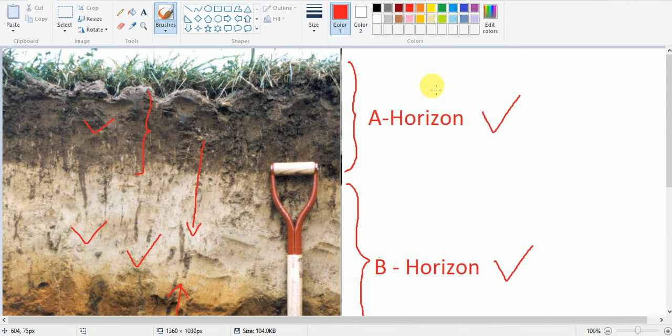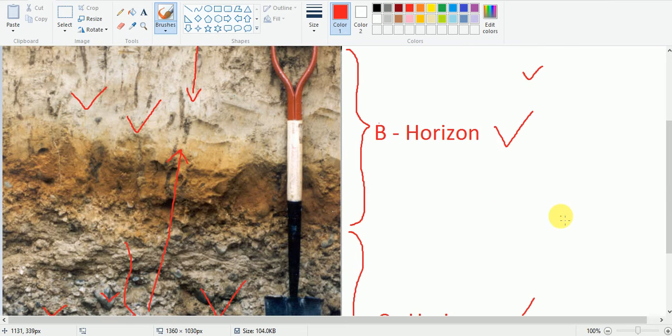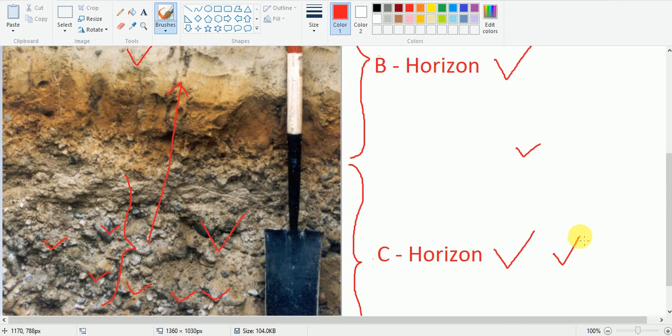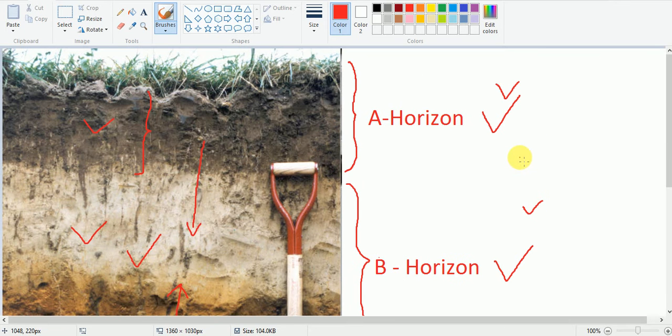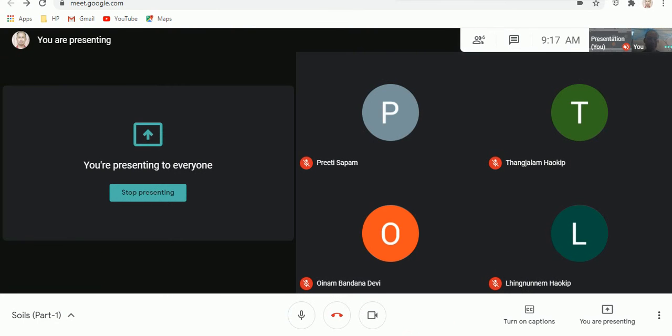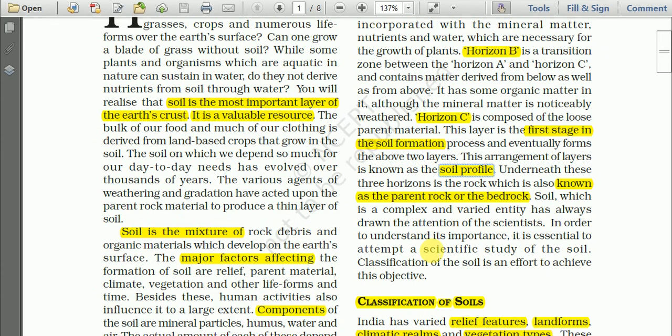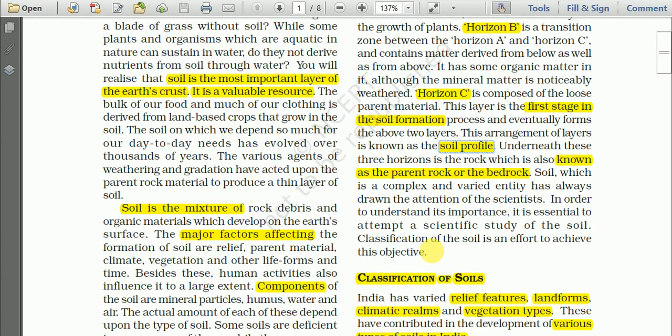The topmost layer is known as O, then next we have A, then a subzone B, then C. Underneath these 3 horizons is a rock which is also known as the parent rock or the bedrock. So after the C horizon you may find layers containing bedrock.